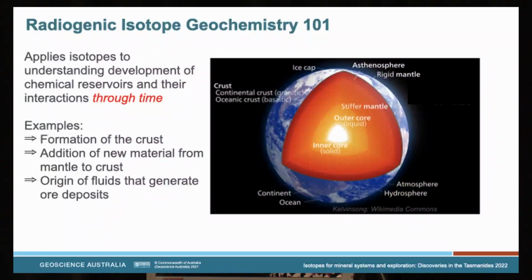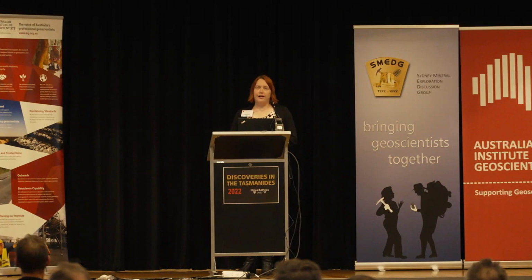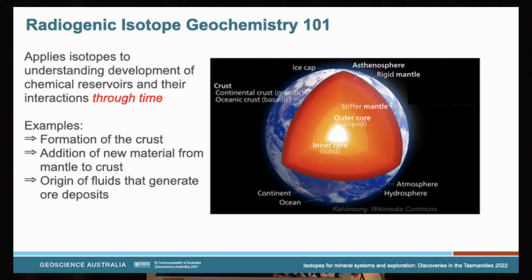So just to start us off on a fairly stable base of understanding, I'm going to explain a bit about isotope geochemistry. Every element in the periodic table has at least one isotope, so there are lots of them, and I don't have time to talk about them one by one, and you'll be pleased to know I'm not about to try.